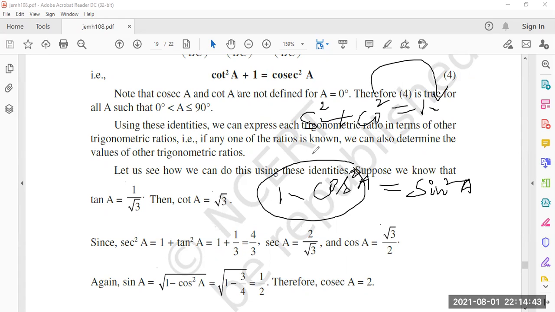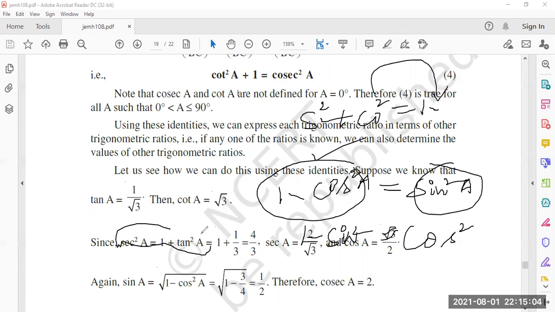So anywhere if you find an expression 1 minus cos square a, if it is required for solving, you can replace it with sin square. Same way, if you find anywhere 1 minus sin square, there also you can write cos square, because this is from the identity. Same with the other identities like secant square is equal to 1 plus tan square a.